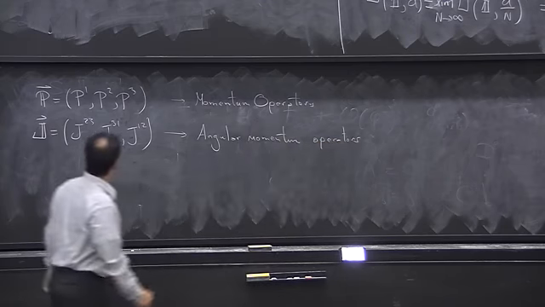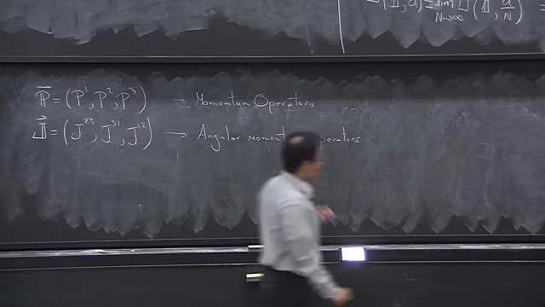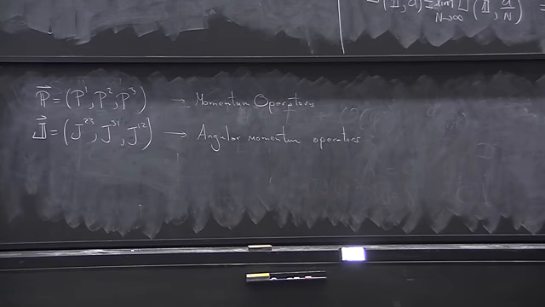Okay? Of course, at this moment, I'm just telling you this. But in order to really find out, we should explore more deeply what the structure of these objects is. Okay. Any questions up to this point?